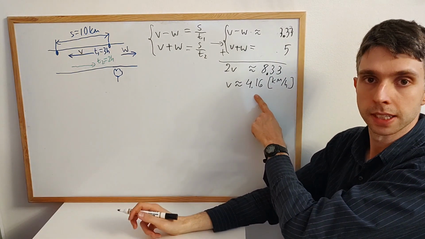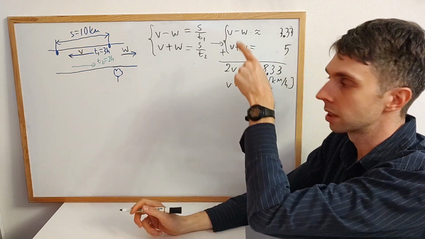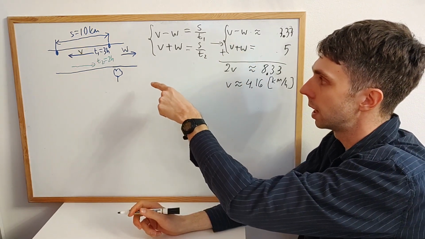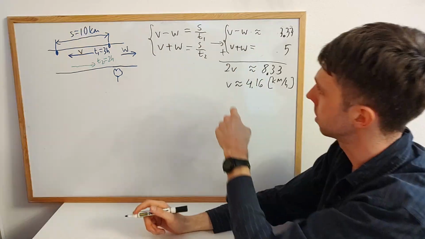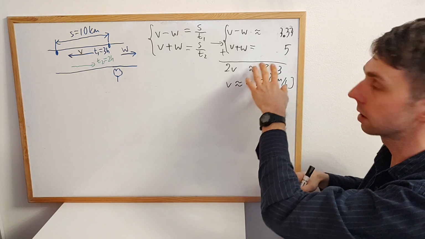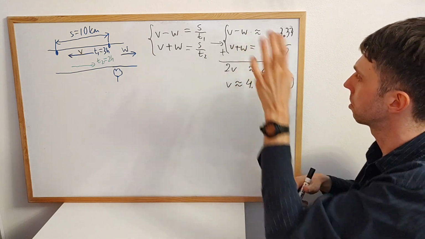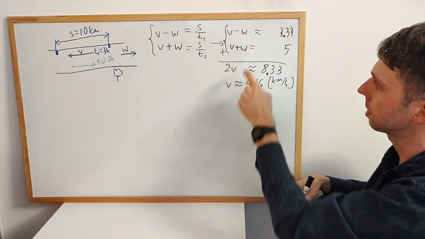That's the speed of the kayak relative to the water. And w you can calculate out of one of these equations. I guess this will be simpler.